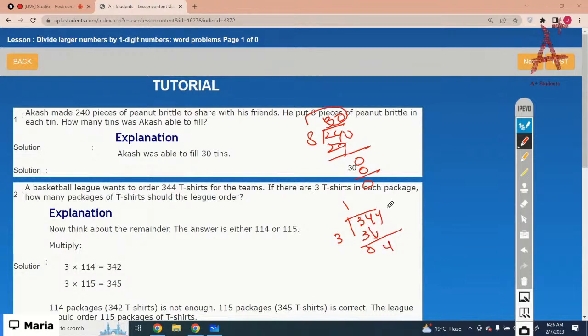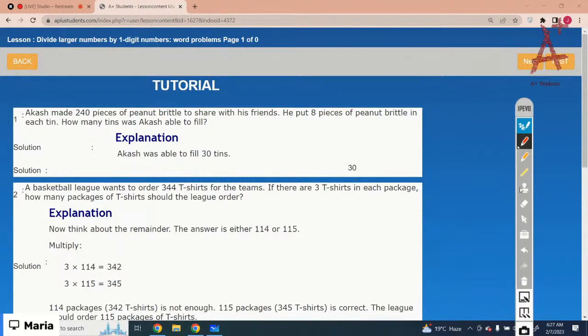Just bring the next digit down. 3 times 1 is 3, 1, and bring 4 down. 3 times 4 is 12. So you have 114 packages of the t-shirt. Got it? So the correct option is 114.